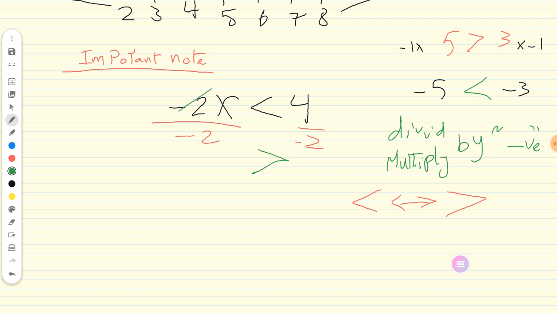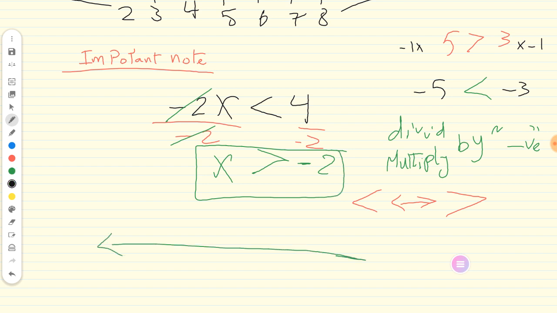Okay? Then negative 2 divided by negative 2 equals 1, it will be x, and 4 divided by negative 2 is negative 2. So the answer is x greater than negative 2 and can be represented over the number line as negative 2, negative 1, 0, 1, and negative 3, negative 4, negative 5. x is greater than, so we will start from negative 2 and it will be open, and x is greater, right, so we'll go to the right hand side.